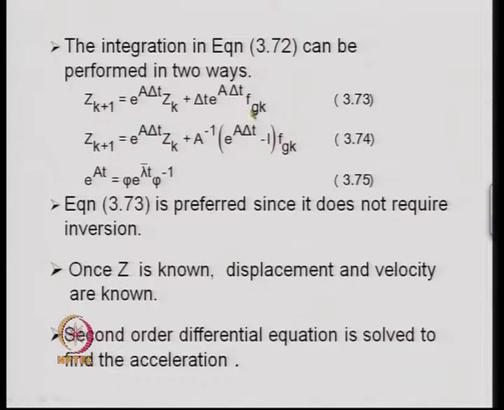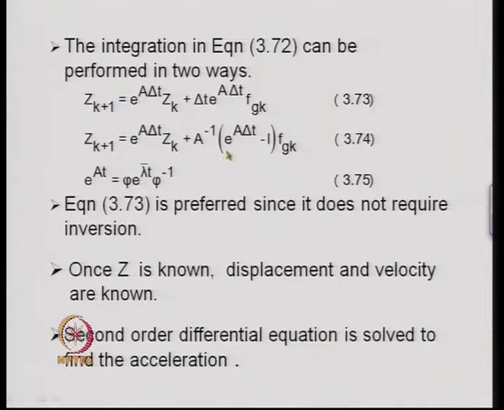This is the first term involving Z k, which is known, and it is e to the power A delta t, and this is the result of the integration which we were discussing in the previous slide. The other result for the integration could be in this form.